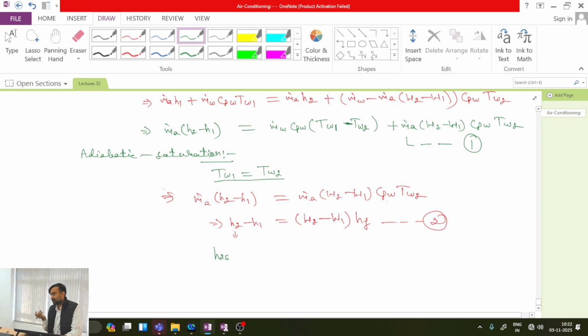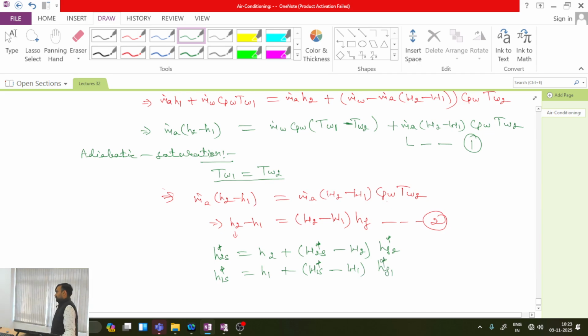Now, using this equation, if I define H2S star, say my 2S is nothing but the saturated state corresponding to state 2, which will be giving me the wet bulb temperature. So H2 star must be equal to H2 plus W2S star minus W2 into HF2 star, and similarly I can write H1S star equal to H1 plus W1S star minus W1 into HF1 star.